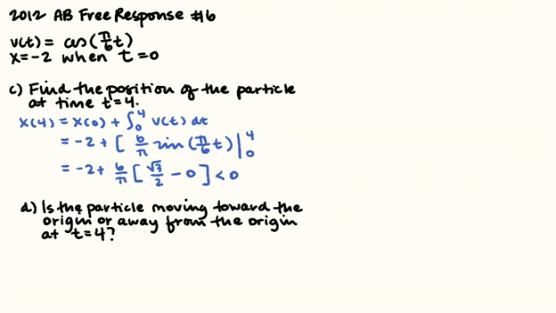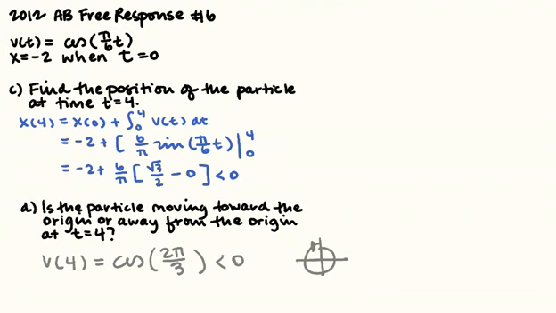So what we need is the position at t equals 4, which we just found to be negative. And we also need the velocity at t equals 4. So I'm going to consider the velocity at 4. Velocity at 4 is equal to cosine of 4 pi over 6. And we know that 2 pi over 3 is right there, and that's where cosine is negative.